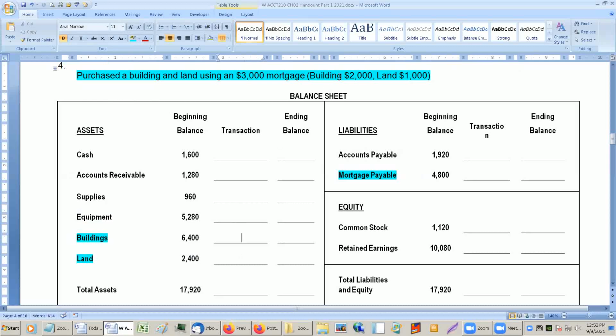Let's say buildings first. Are buildings going up or down? Up. Good, we have more buildings now. I'll put a plus sign in front of that. And land is also going up.